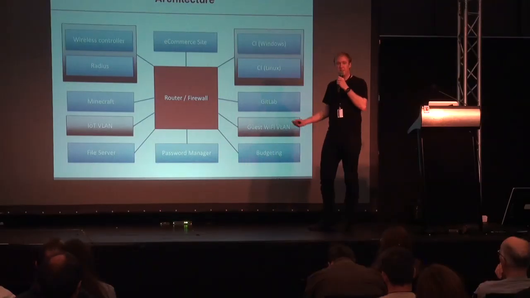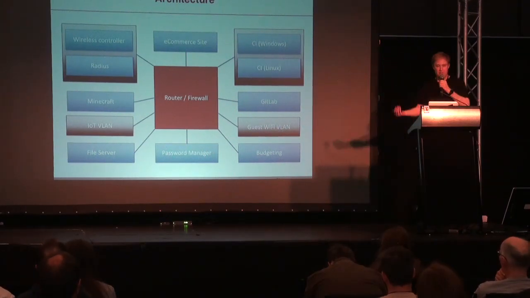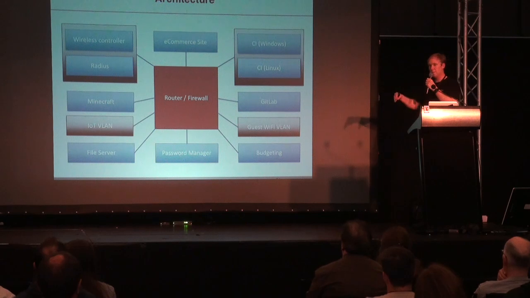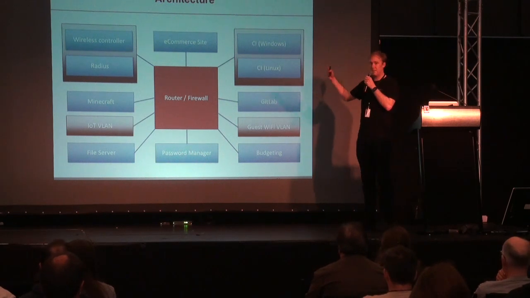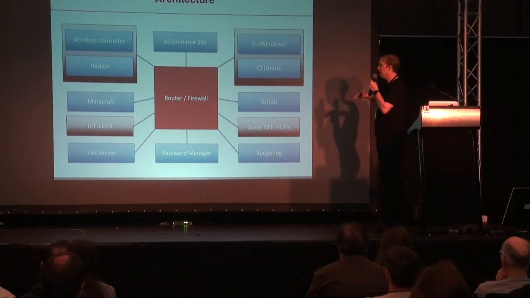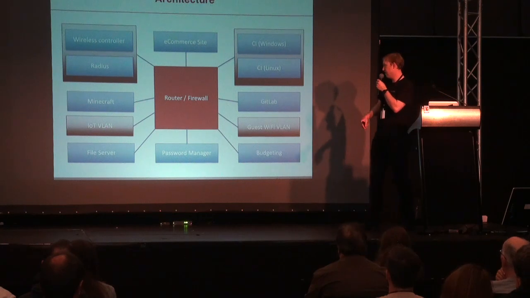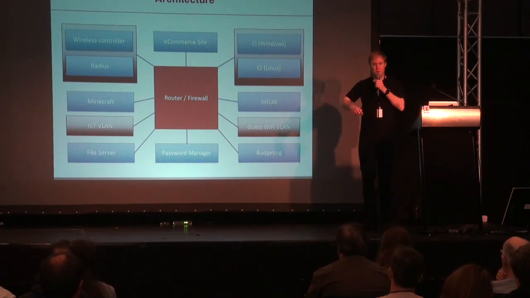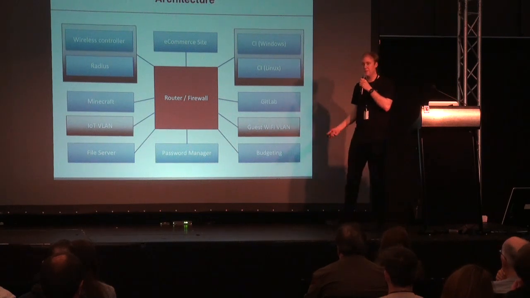Cool. So initially, I started to segregate the architecture based on the applications that I was running and the almost data realms. So I had, for example, the wireless infrastructure, an e-commerce site I was running for a friend, and build infrastructure, all on their own separate VLANs with the router/firewall mediating all the traffic in between.